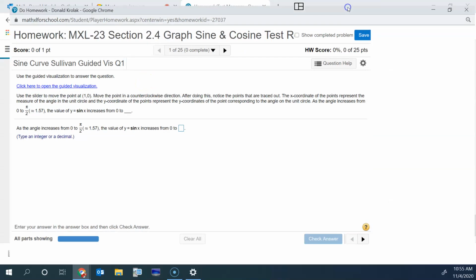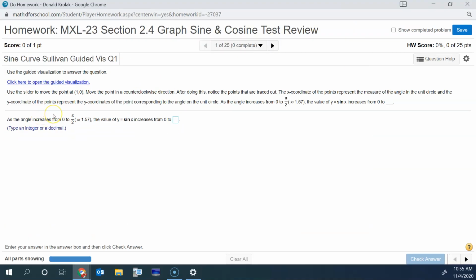All right, so we're going to go through this and make sure you understand what it's asking you, and then show you how to use the GeoGebra applet to answer your question.